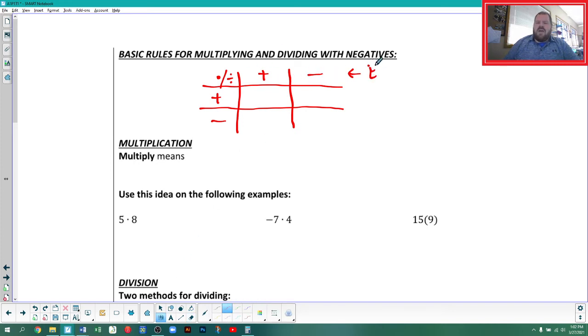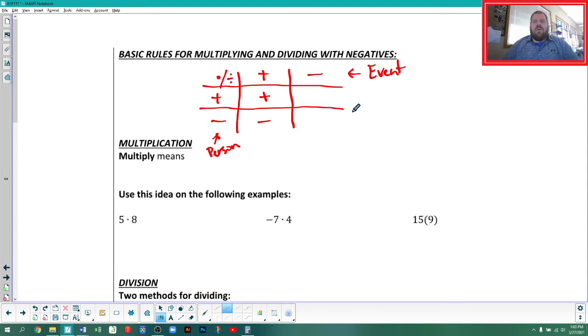And I think of this column here as a positive or negative person. Okay, so saying like a good thing happening to a good person is a good thing. A good thing happening to a bad person is a bad thing. We don't want good things to happen to bad people.